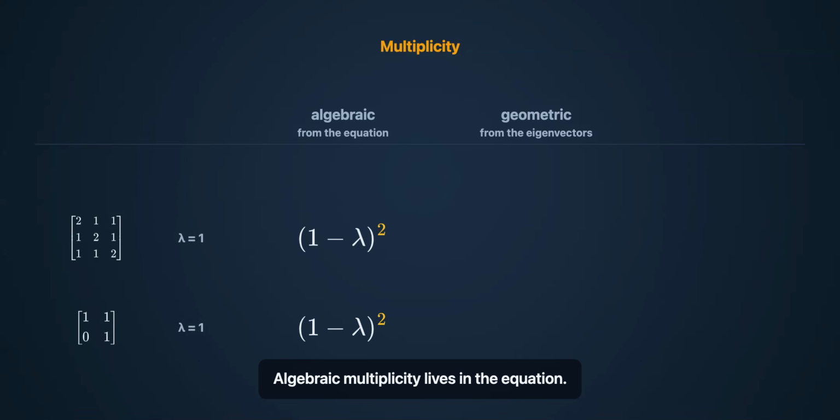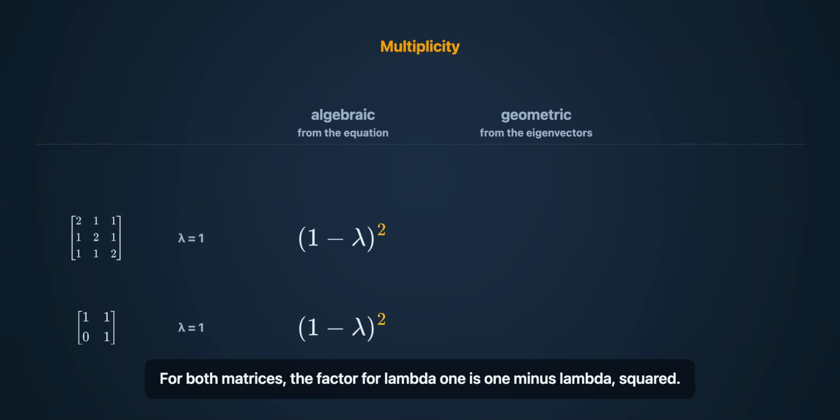Algebraic multiplicity lives in the equation. For both matrices, the factor for lambda 1 is 1 minus lambda, squared. That little exponent 2 is the algebraic multiplicity. In plain words, the equation promises the eigenvalue 1 twice for each of them.